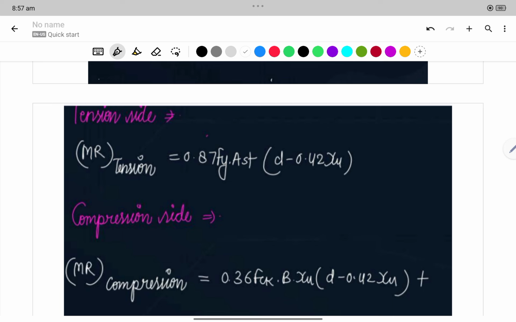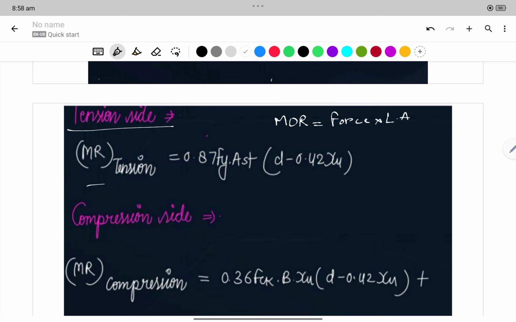Now we will see the formula of moment of resistance. The moment of resistance in the tension side is 0.87 Fy. We know that the moment of resistance formula is force into lever arm.